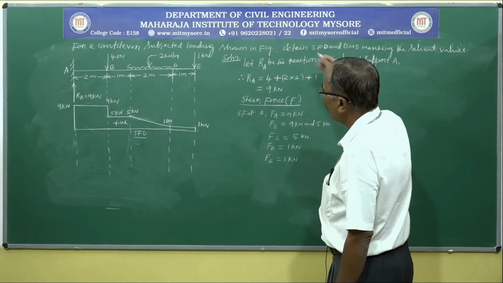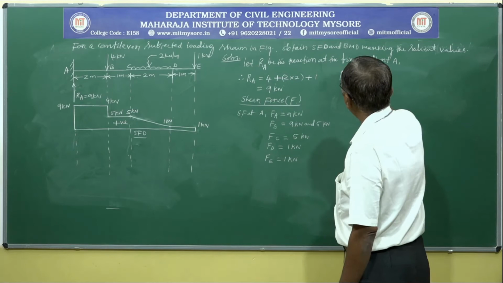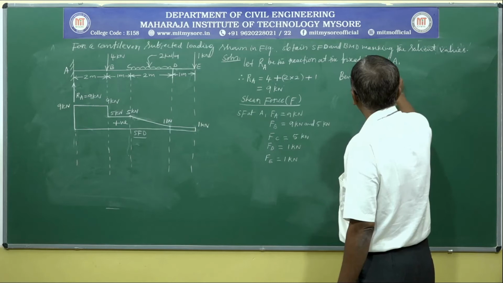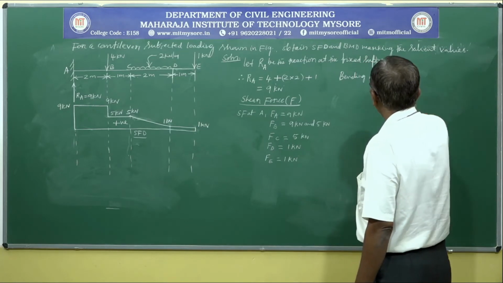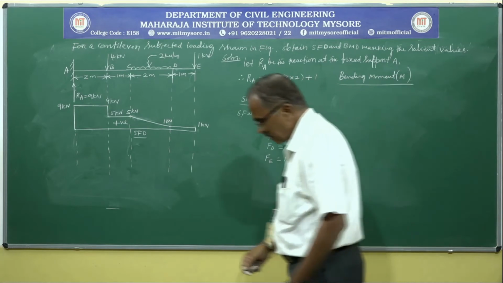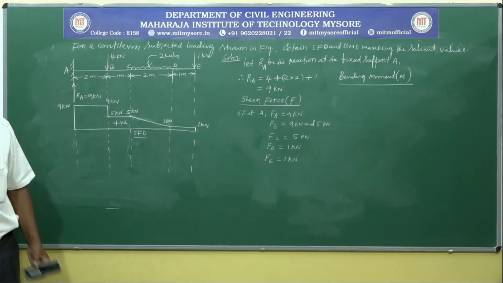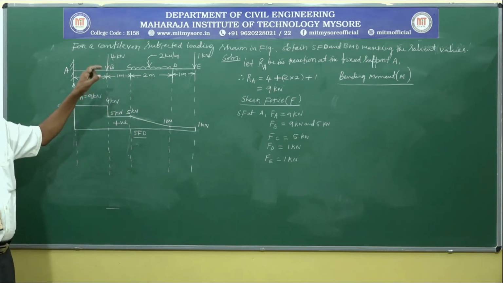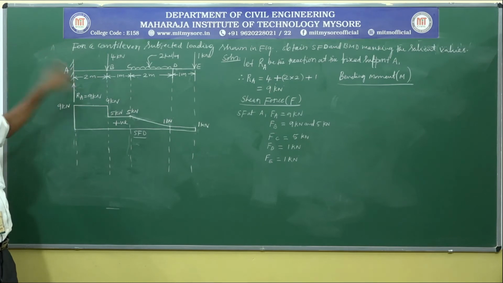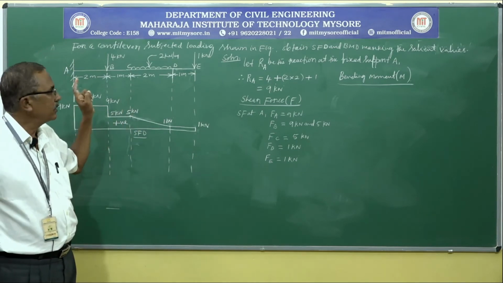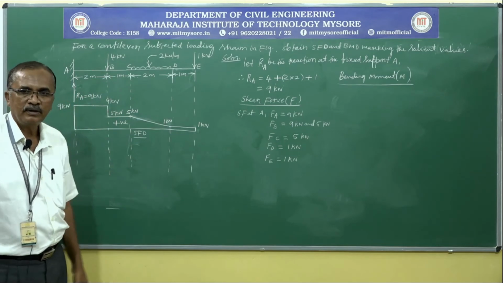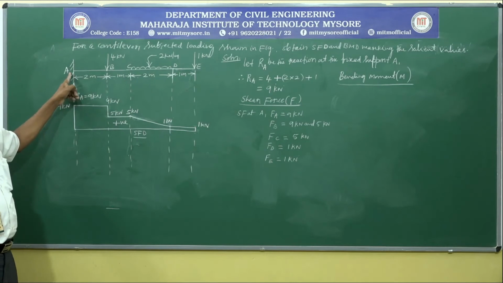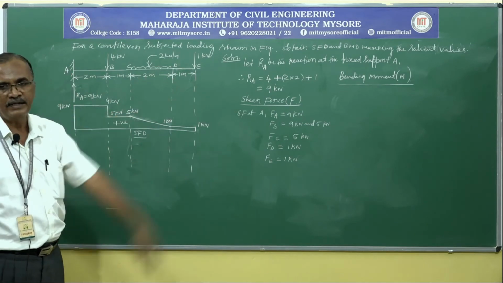Next, to draw the bending moment diagram, we have to calculate bending moments at various salient points. Now we used to proceed from the left hand side to the right hand side for all the previous cases. Now in case of cantilever, for easy purposes we proceed from the free end towards the fixed end by considering all the forces acting towards the right hand side.